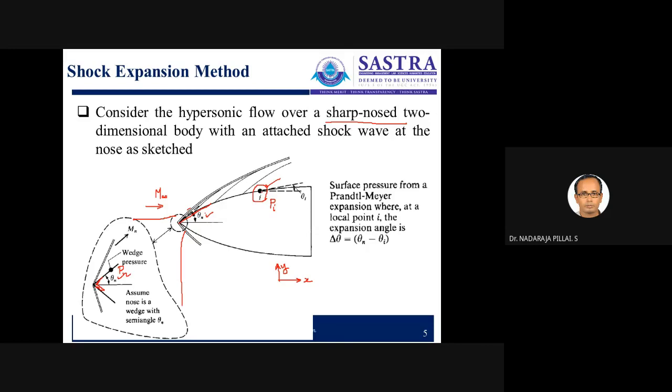Now let us consider the ith point on the surface makes an angle theta I. So the nose makes an angle theta n, and at the point I, it makes an angle theta I, and the pressure we want to calculate on that particular point I is Pi, right?